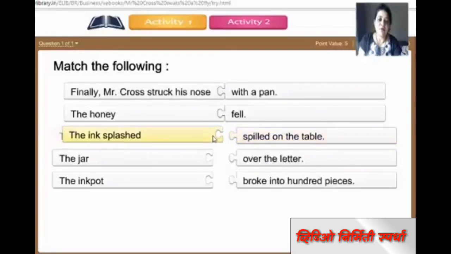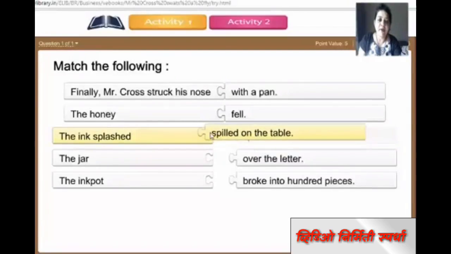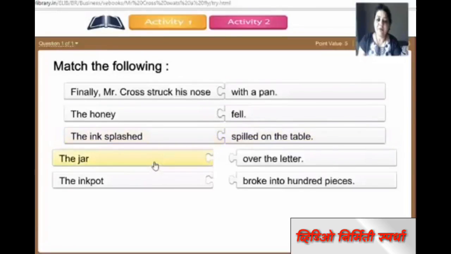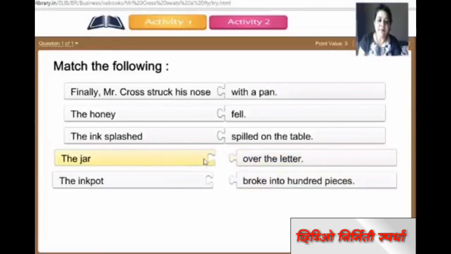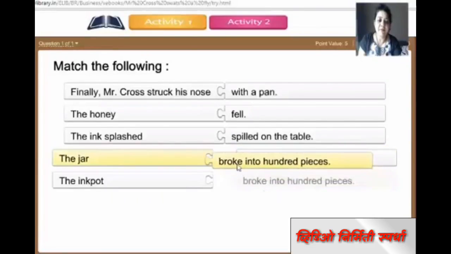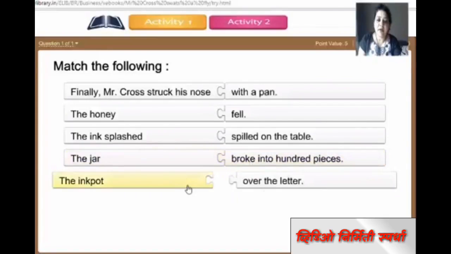So I am going to match it. Okay, the jar broke into 100 pieces. Okay, we are going to match it like this, and the ink got over the letter. These are your answers. Okay, now let's check it out.